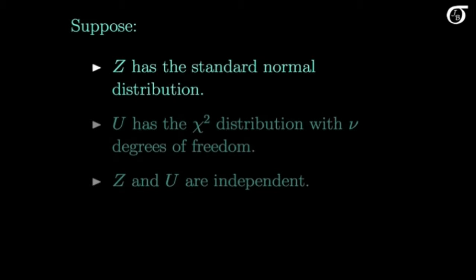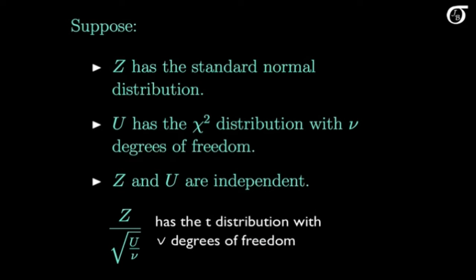Suppose we let the random variable z have the standard normal distribution, and we let the random variable u have a chi-square distribution with nu degrees of freedom, and z and u are independent random variables. Then if we take the standard normal random variable z and divide by the square root of the chi-square random variable u divided by its degrees of freedom, we end up with a random variable that has the t-distribution with nu degrees of freedom.